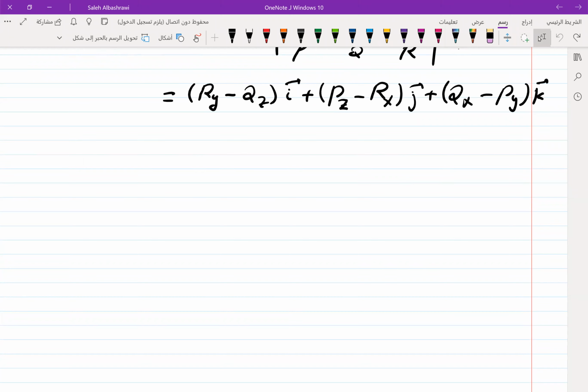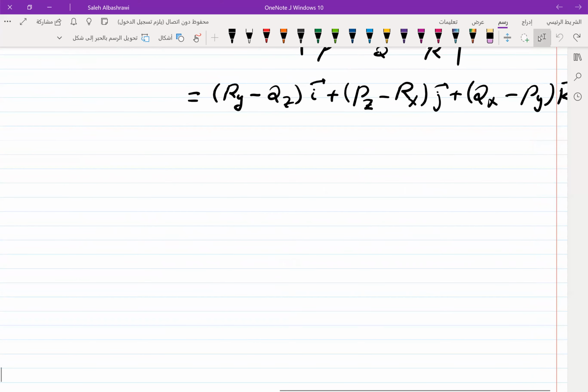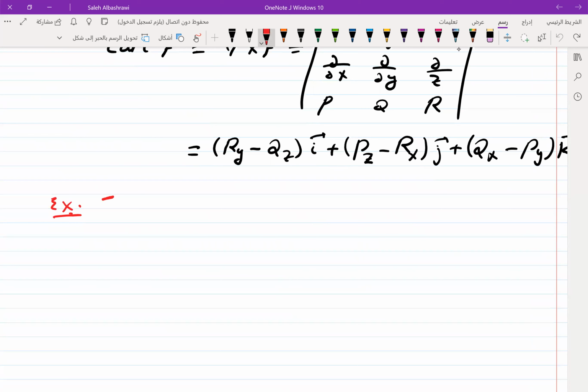Let's take some examples. Find the curl of the given vector functions.